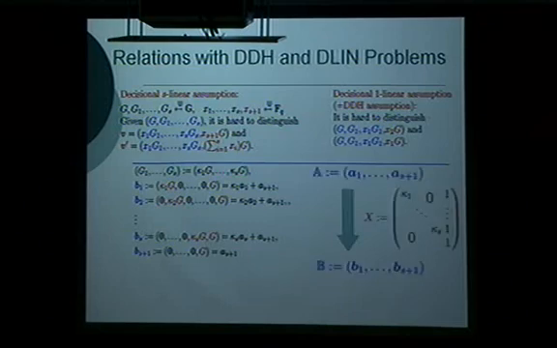So this is a basis of a vector space, and this is the canonical basis, which is transformed by this matrix, a companion matrix form.